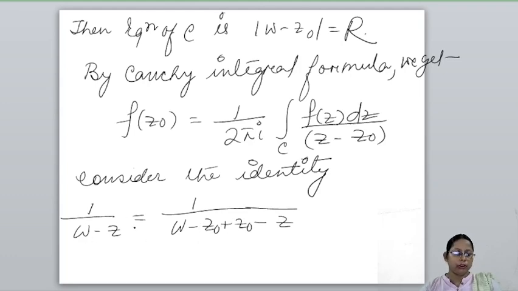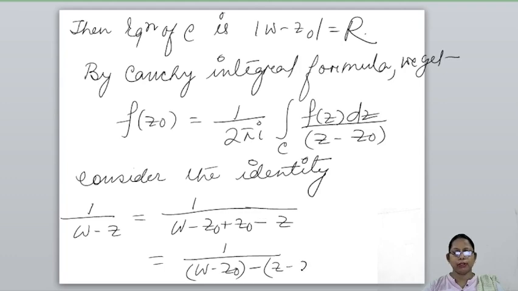It will not create any change to the original fraction. Then take minus common. This will be z minus z naught. So it will be equal to 1 by (w minus z naught). I am taking w minus z naught common. This is 1 minus (z minus z naught) by (w minus z naught).